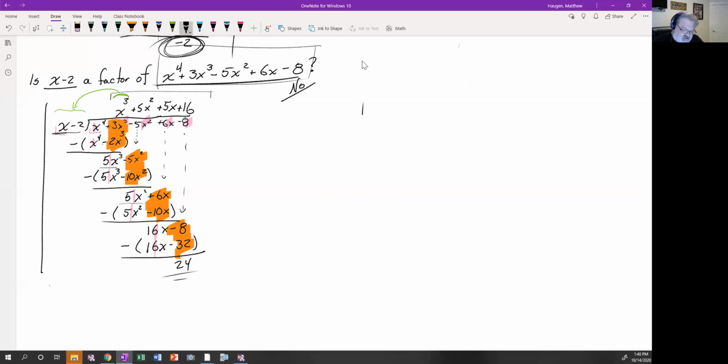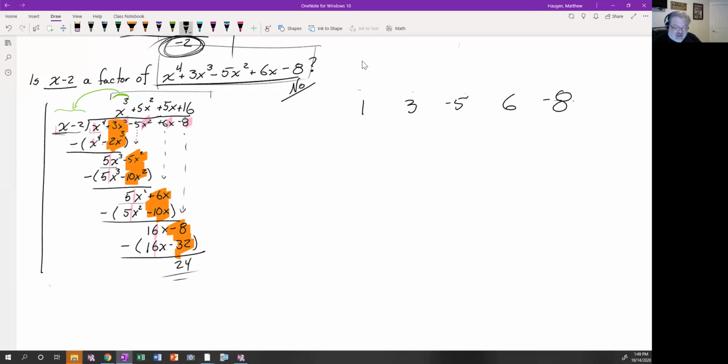So the coefficients there are a 1, a 3, a -5, a 6, and a -8. And the only reason we know that this -5 is an x squared is because of its position. So very important that we're in order.